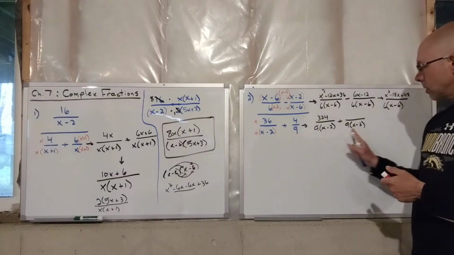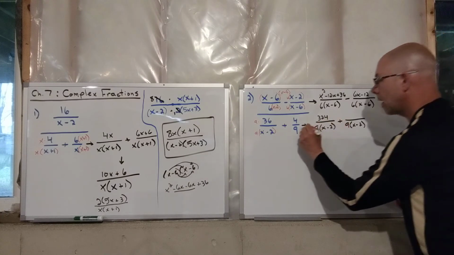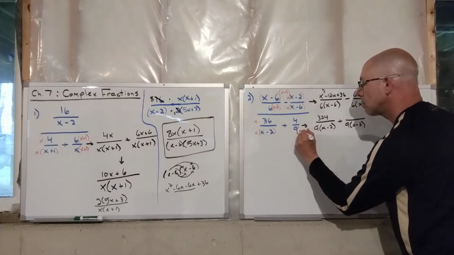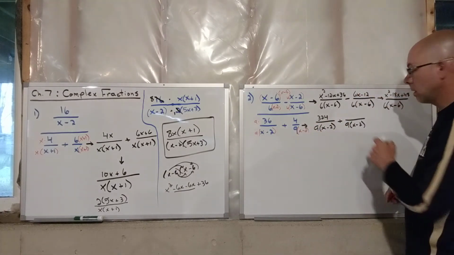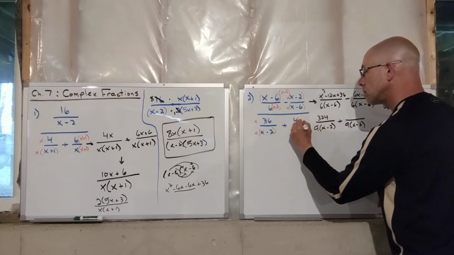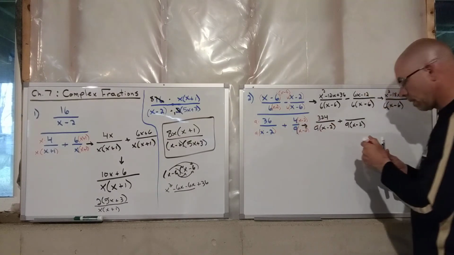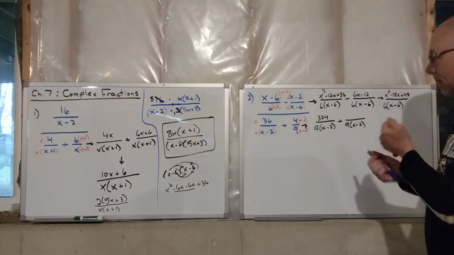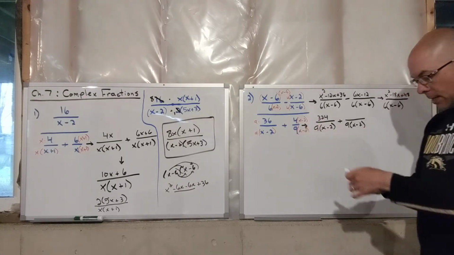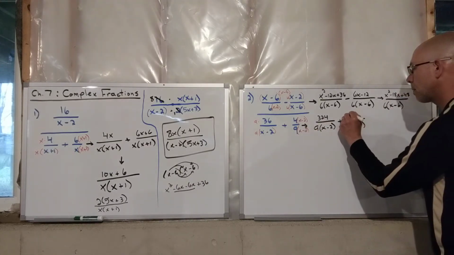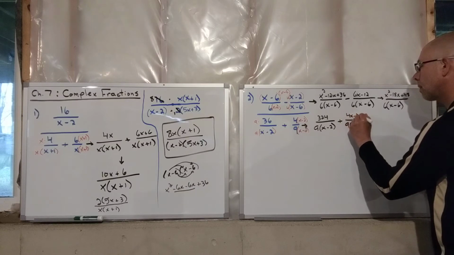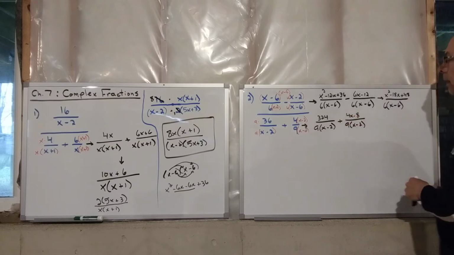And then this 9 turning into this, that happens with x minus 2. So this is times x minus 2. And that becomes 4x minus 8. Okay?